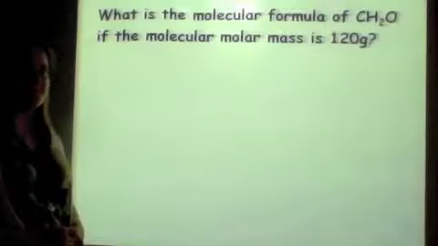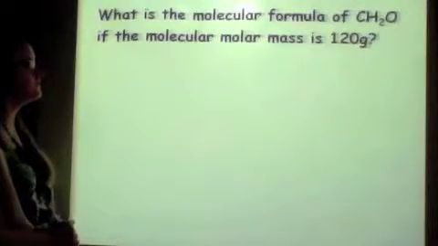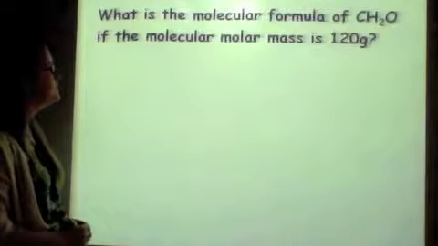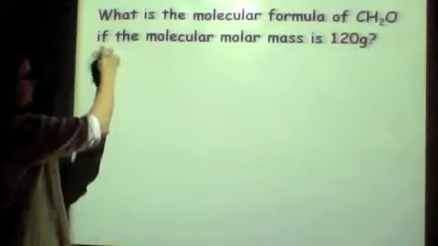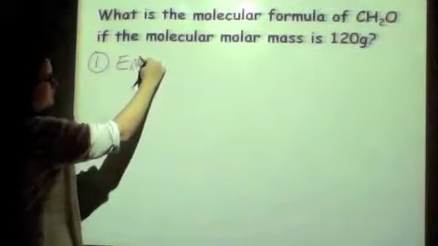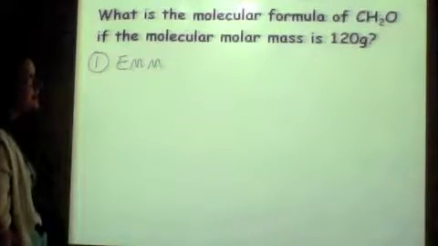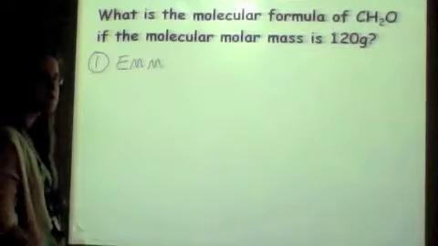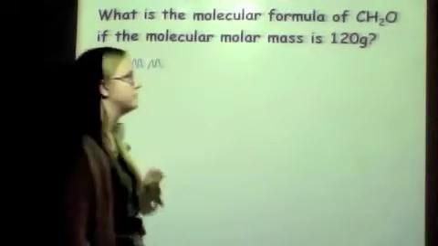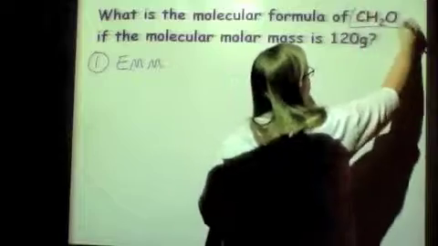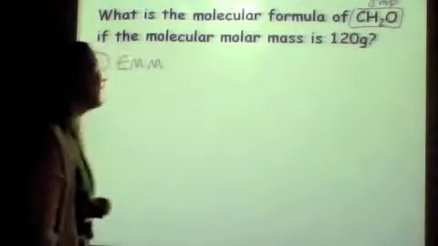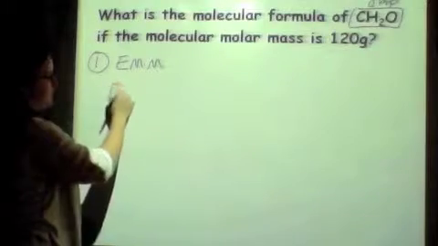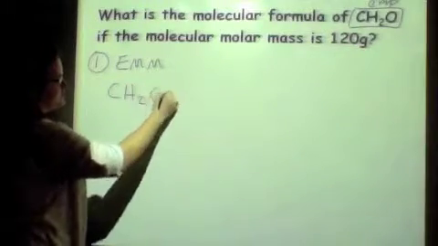So let's dive in. What is the molecular formula of CH2O if the molecular molar mass is 120 grams? So step 1 is to find the empirical molar mass. We find it by first looking at the empirical formula given to you in the problem. So this is our empirical formula, and we need to find the mass of CH2O.